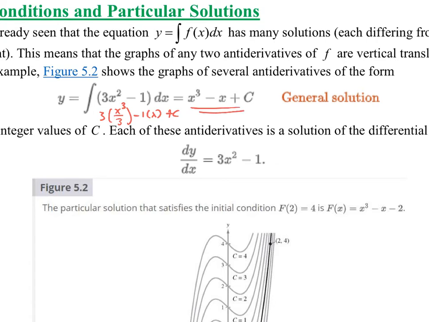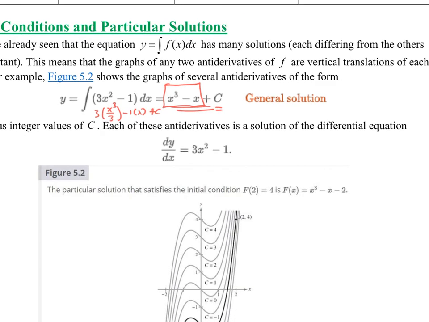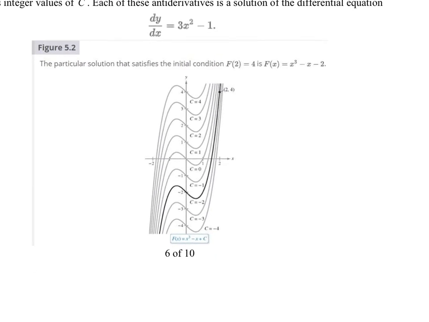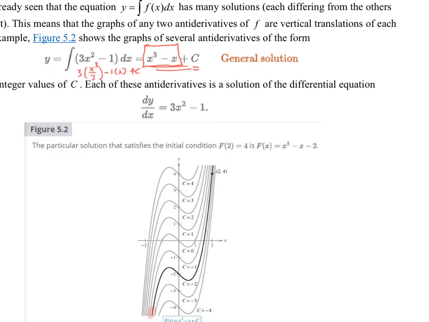So the idea is we know that the bulk of the answer is x cubed minus x. That would be the parent function. We add this plus c as saying that, look, you can add or subtract any given constant, okay? Well, let's look at the graph here. What if we actually took the graph of x cubed minus x?